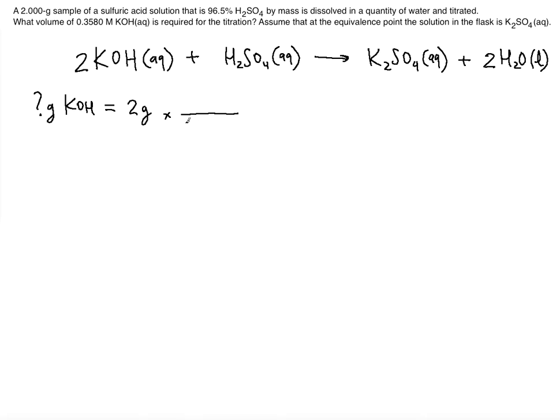So we will say that of 100 grams of solution, 96.5 of those 100 grams is taken by the sulfuric acid itself. Okay, so now where are we standing right now? Well, we have to use the moles stoichiometrically.